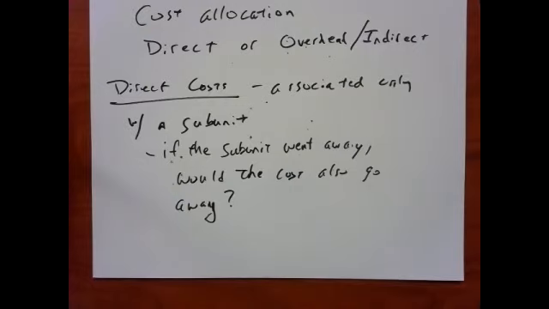Right, so one way to discern between an overhead or indirect cost and a direct cost is to look at the cost and say to yourself, okay, if we stop seeing pediatric patients, would this cost go away? Well, what cost would go away if it's for pediatric patients?